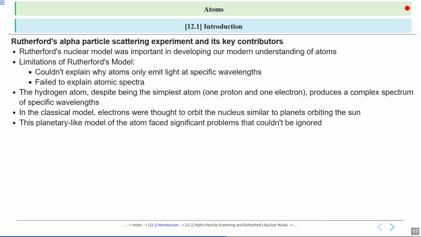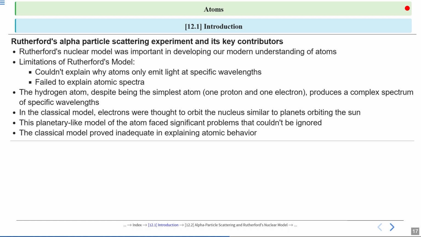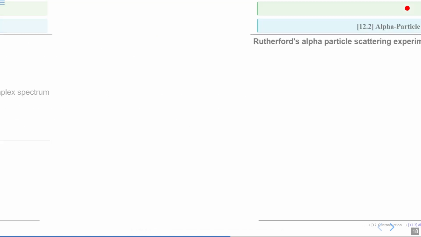This planetary model faced serious issues that couldn't be ignored. It couldn't explain why atoms are stable or why they emit light in specific patterns. Scientists realized they needed a new way to think about atomic structure. The classical model just wasn't enough to explain how atoms really work. This led to the development of new models like the Bohr model, which we will explore next.